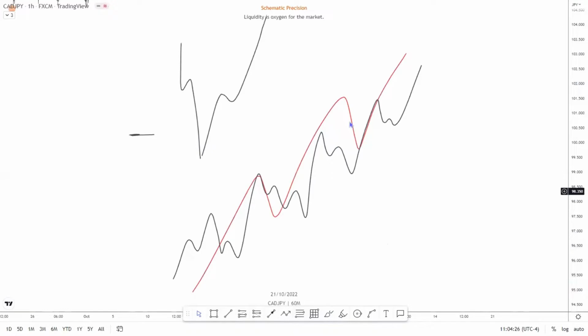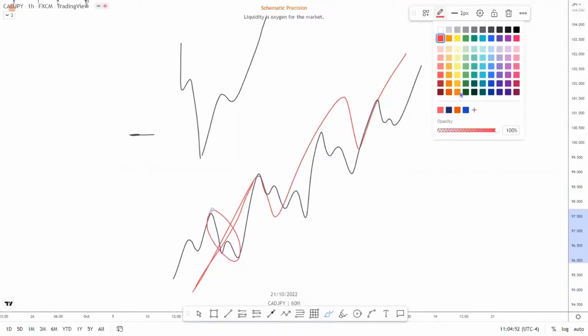So you have to look at what the multiple time frame structures are showing you. Consider this red one as your daily time frame and this black one as your intraday 15-minute time frame. When the market is bullish on daily, there is a possibility the 15-minute is in this bearish form.